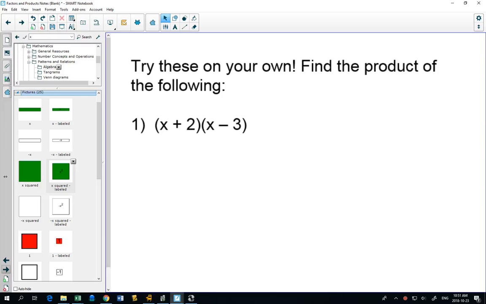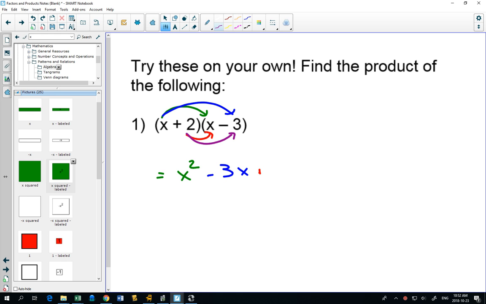Couple more to try on your own. Again, my same color coding. There's the first one.